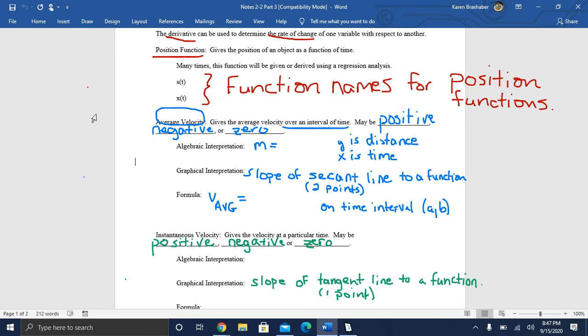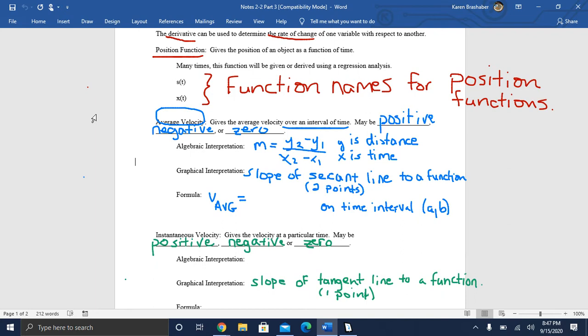Now, algebraically, the average velocity is nothing more than change in y over change in x, and you would be more familiar with your slope formula, that m equals y2 minus y1 over x2 minus x1.